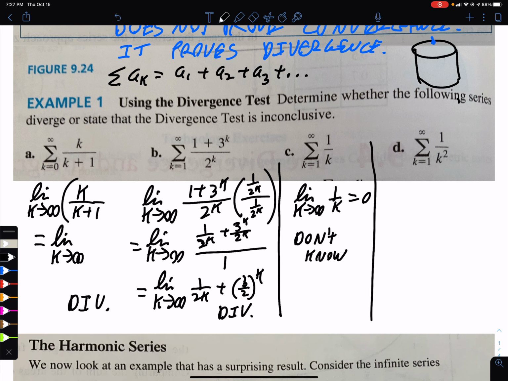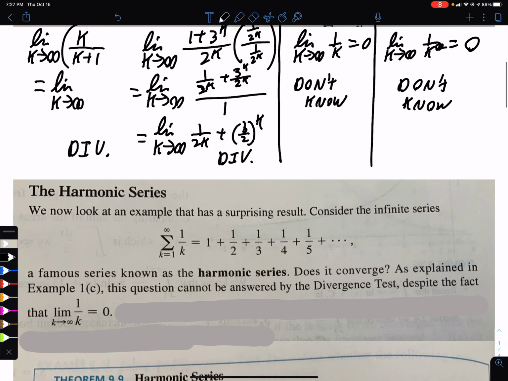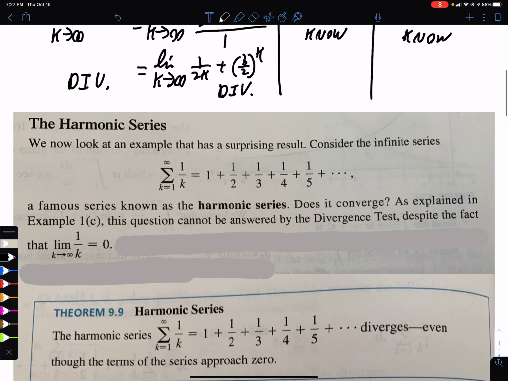And then part D. Again, we look at this. And 1 over infinity is going to be 0. Again, we don't know what's going to happen to this. It has a chance to converge. We haven't eliminated it yet, but we still don't know. That's the divergence test.